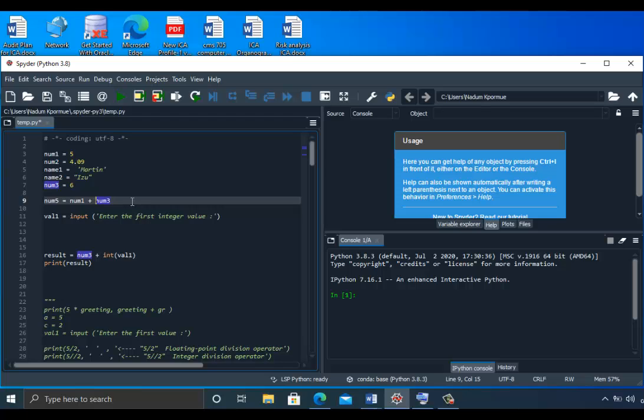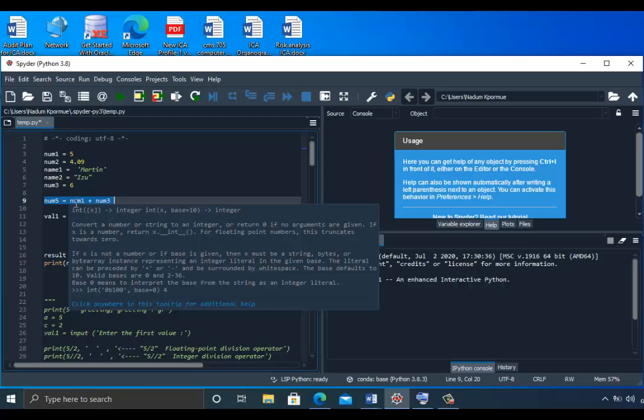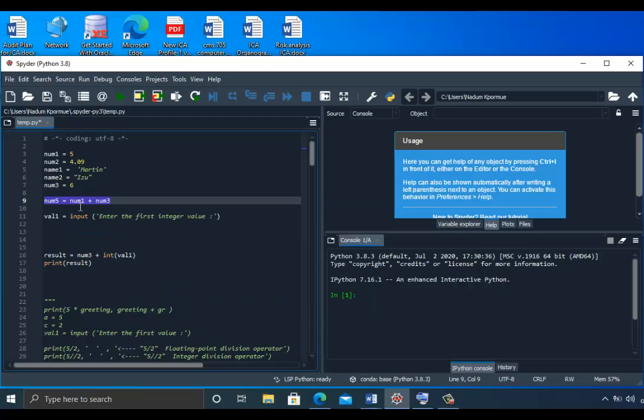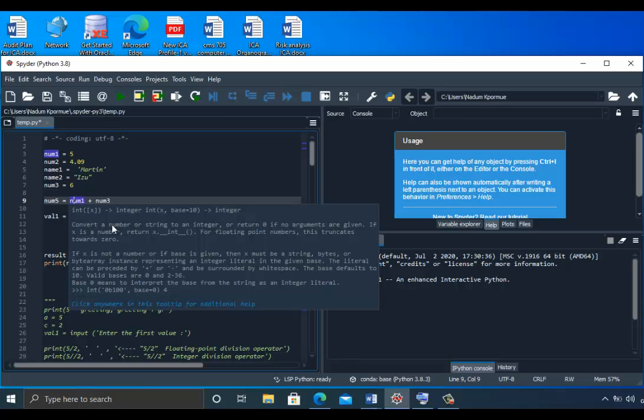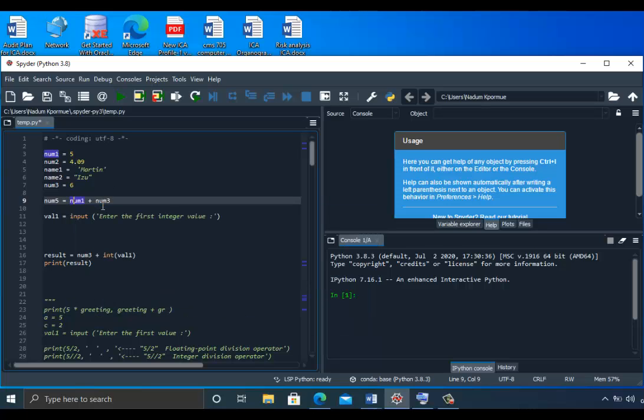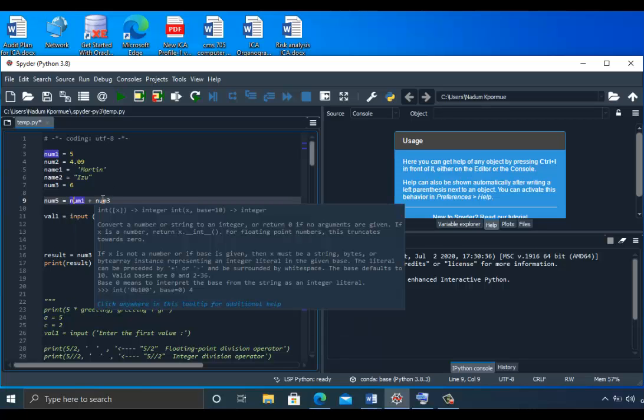Okay, so what this statement simply means is that the Python interpreter should reference the memory location that has the name num1, and also reference the memory location that has the name num3.